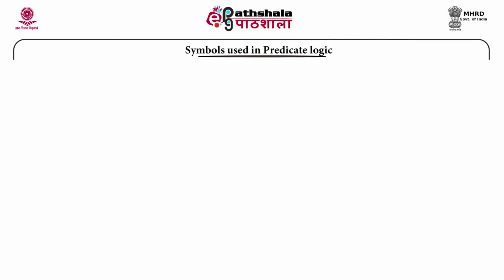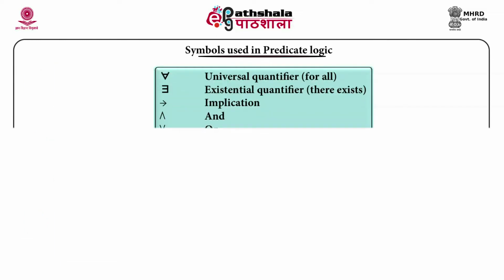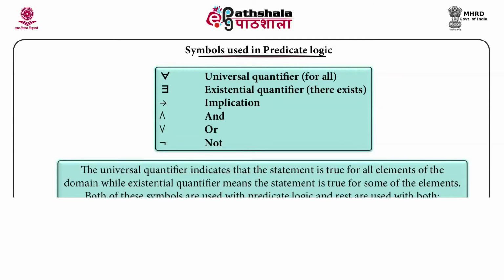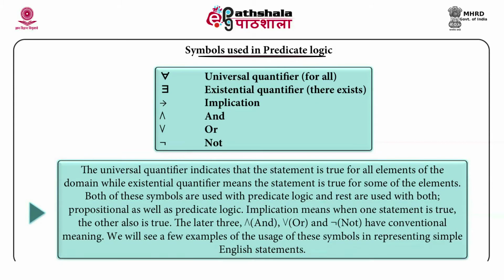Now, we will look at some of the common symbols that are used in both propositional as well as predicate logic. The screen talks about them. One is implication: A implies B means when A is true, B is true. A and B means both A and B are true. A or B means A is true or B is true. Not A is the negation of the truthfulness of A. So, if A is true, not A is false, if A is false, not A is true, and so on and so forth.